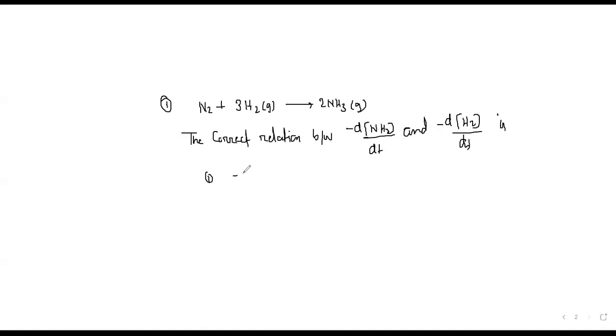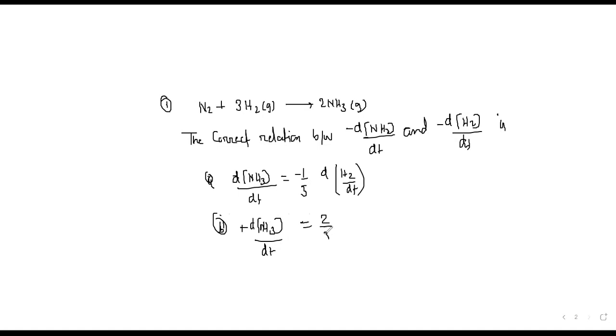First option: dNH3 by dt will be equal to minus 1 by 3 into dH2 by dt. Second option, B: plus dNH3 by dt is equal to 2 by 3 into minus dH2 by dt.